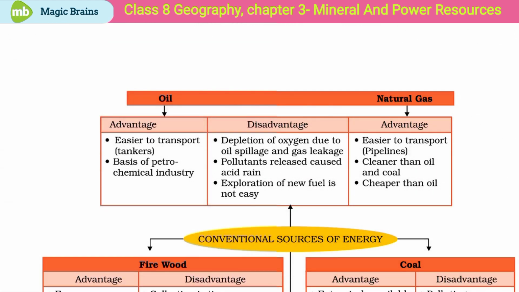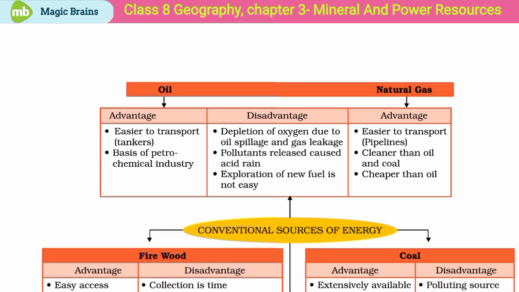On page number 28, there is a diagram given showcasing the advantages and disadvantages of different sources of energy. In the first part of the diagram, advantages of oil and natural gas are given. The advantages of oil are: number 1, easier to transport, tankers.